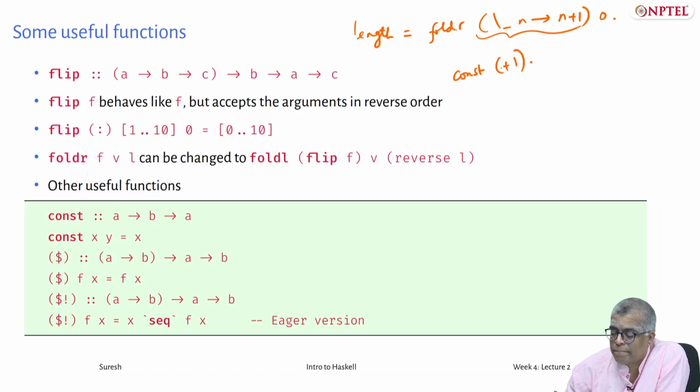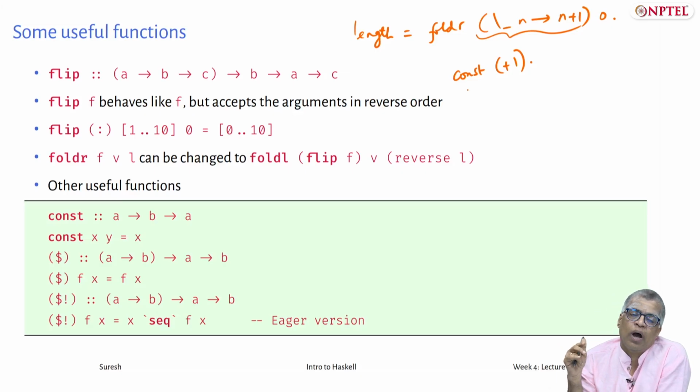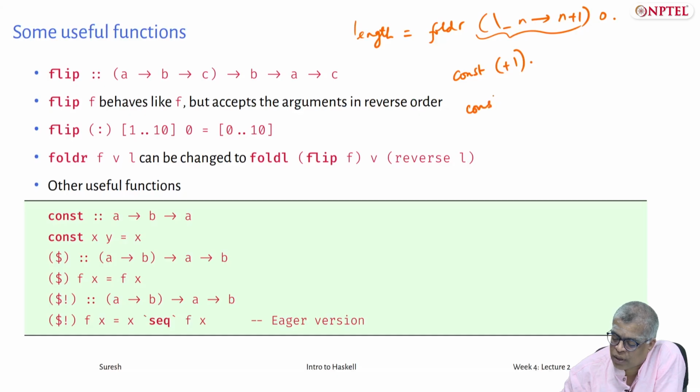Recall that functions of two arguments are really functions of one argument which return a function that operates on the second argument. So const of plus 1 operating on x and y will just be plus 1 operating on y, which will just be y plus 1.